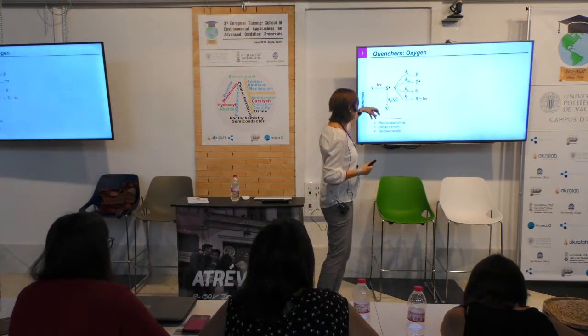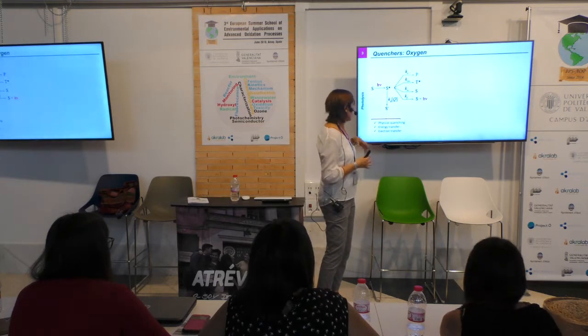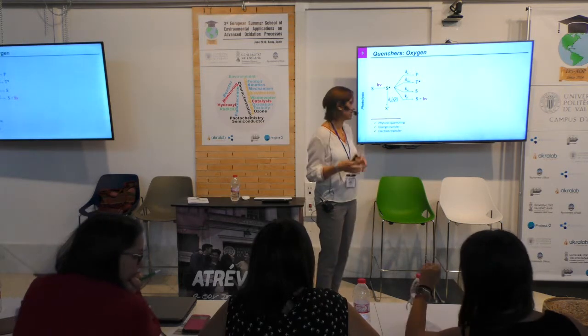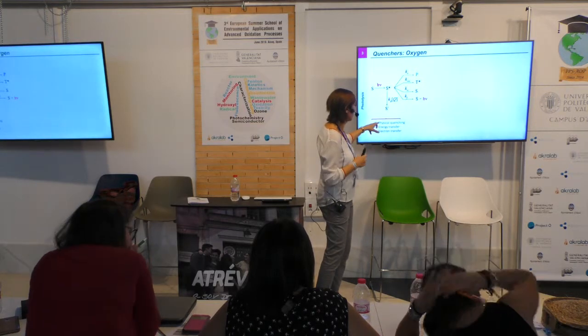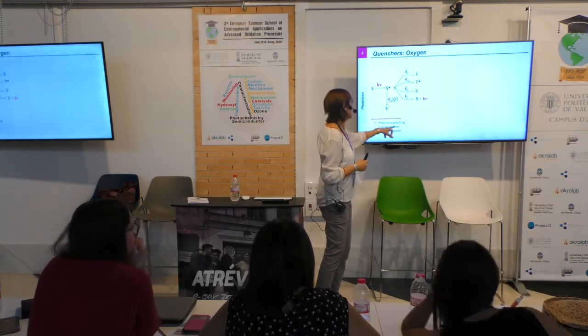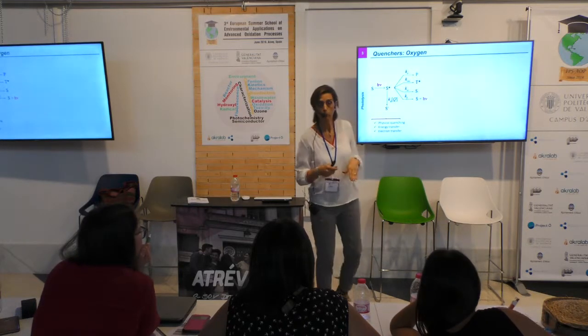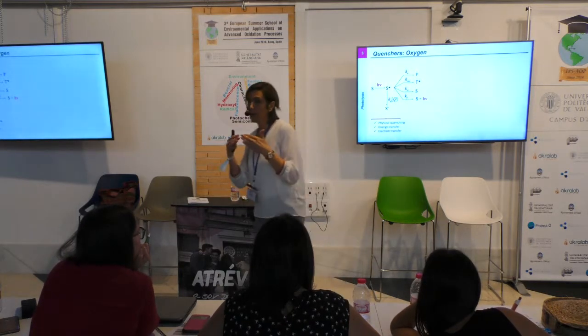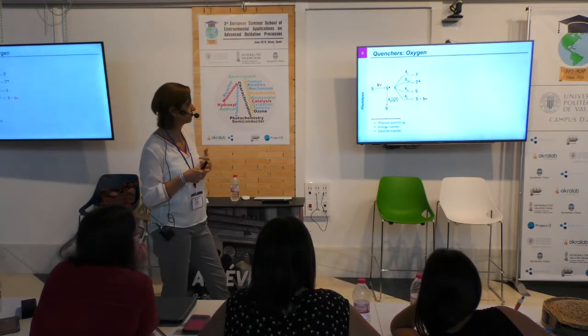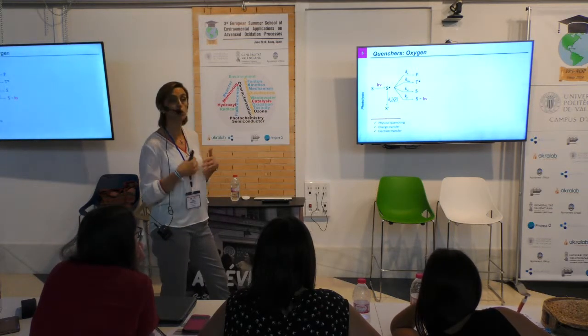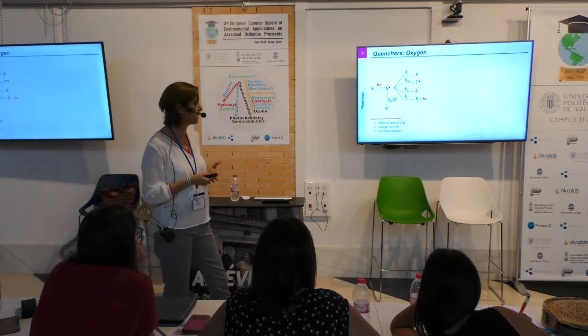There are different types of ways: physical quenching, basically by collision and vibrational energy transfer, or electron transfer. These are alternative ways of deactivation of excited molecules when we have other compounds in the media.